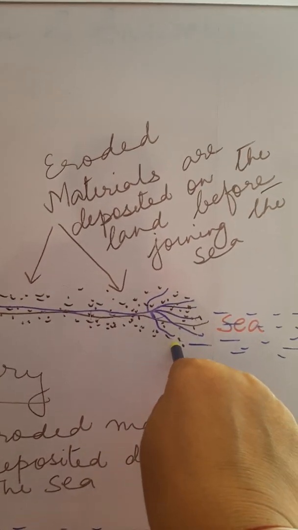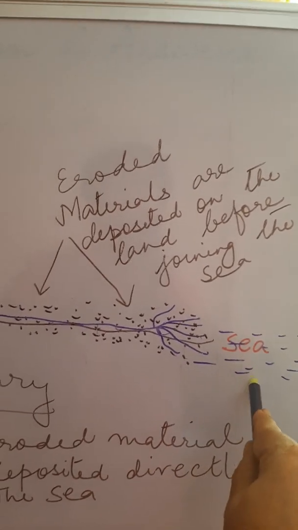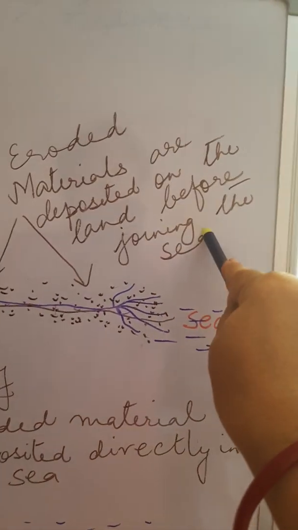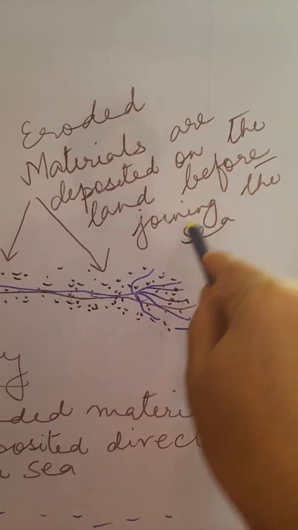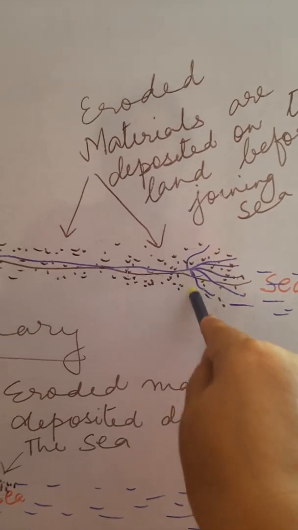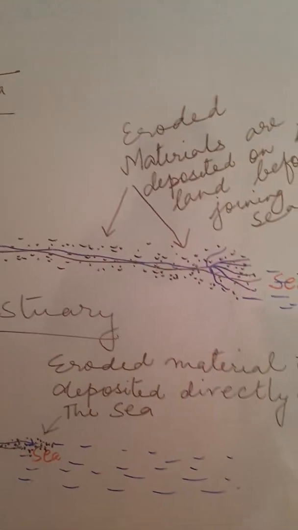These channels are the distributaries, and then all this water joins the sea. Here I have written: eroded materials are deposited on the land before joining the sea. So these channels are distributaries, children. So this is the condition for formation of delta.